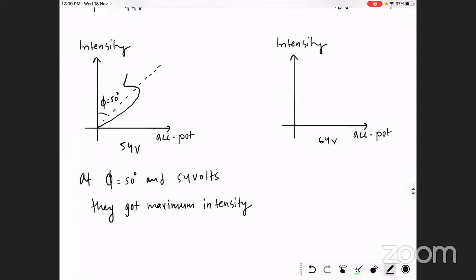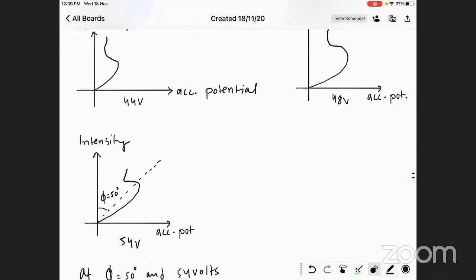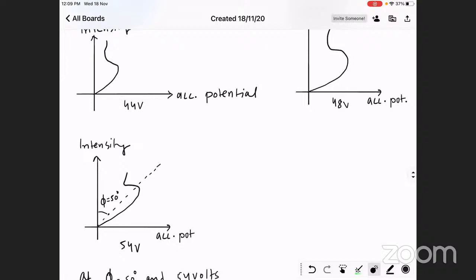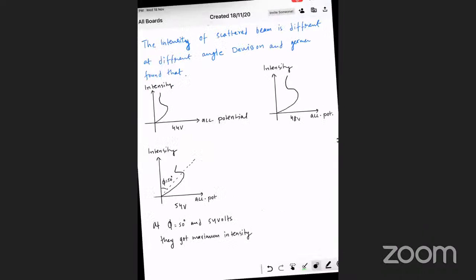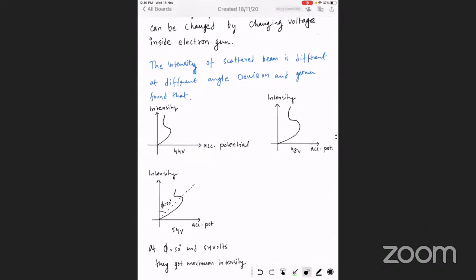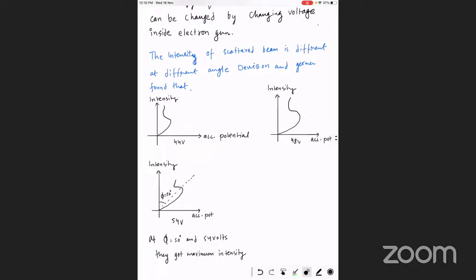Correct. I think we can delete this graph, not required. Please make all the 4 graphs. This graph is the most important one. It means at the 50-degree angle and 54 volt accelerating potential we will get constructive interference.